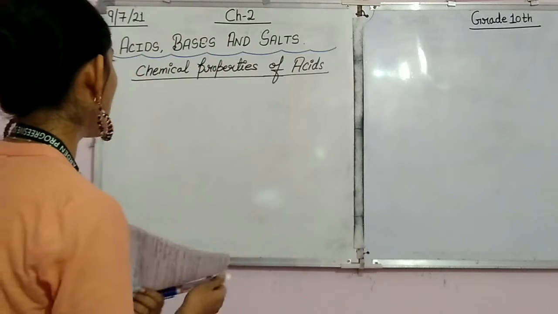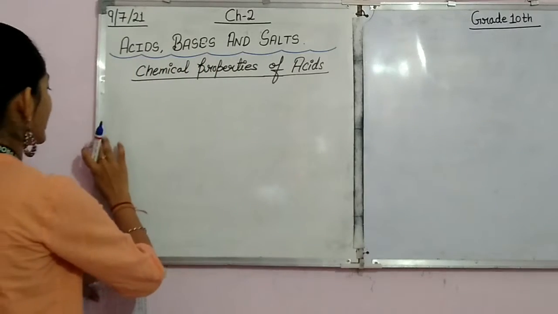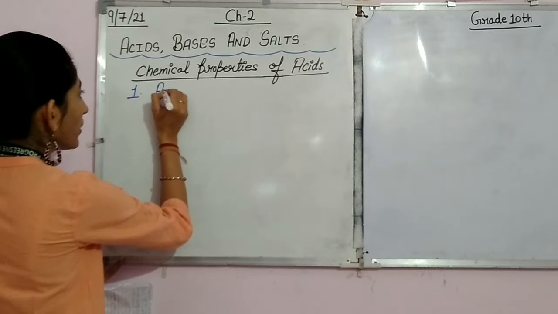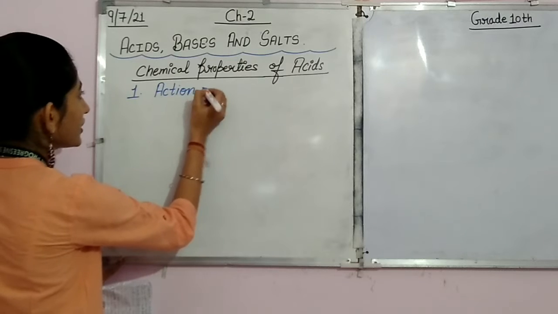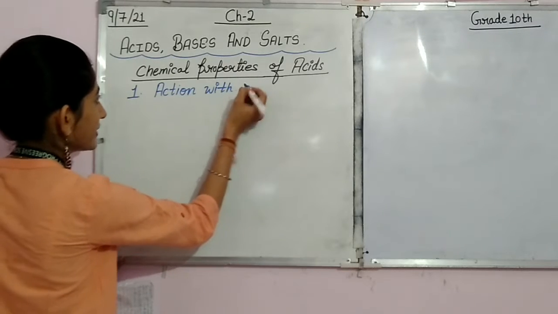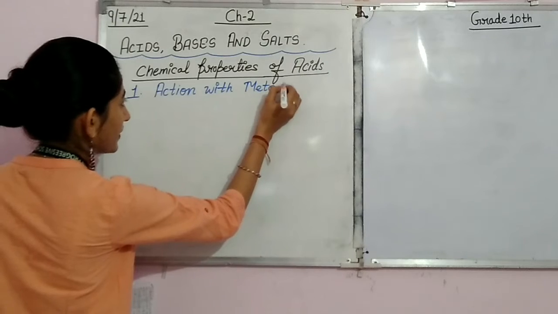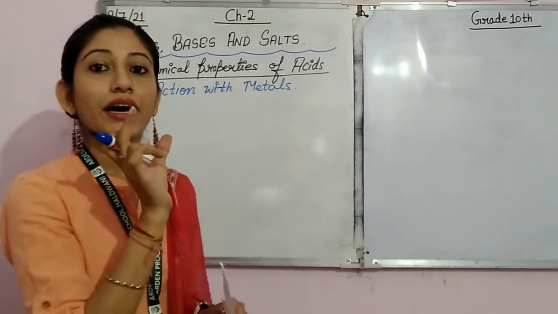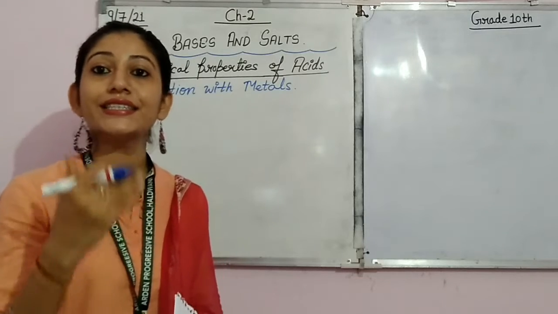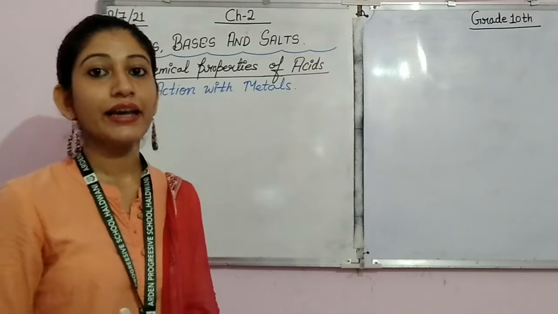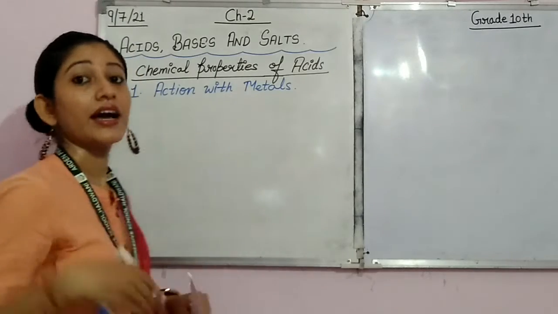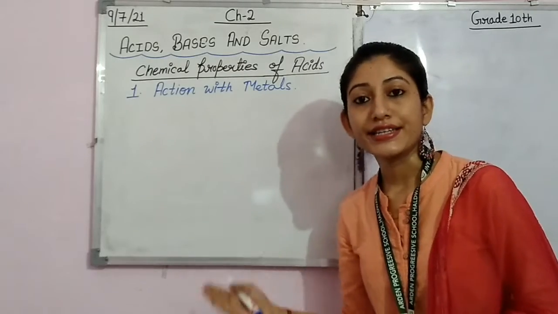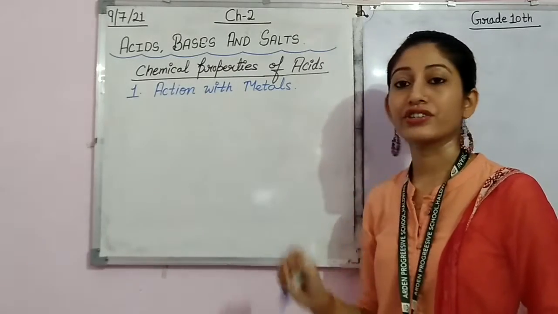We are going to see how acids show action with metals. It means that in this reaction we have to see how metals will react with acids, or how acids will show their reaction with metals.